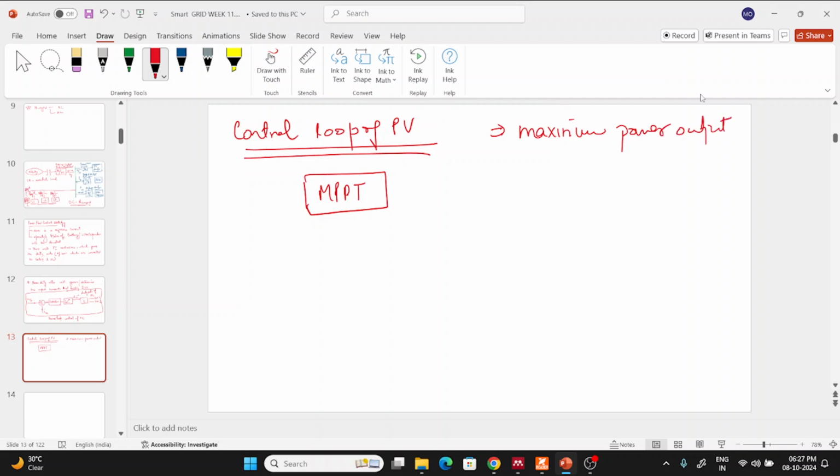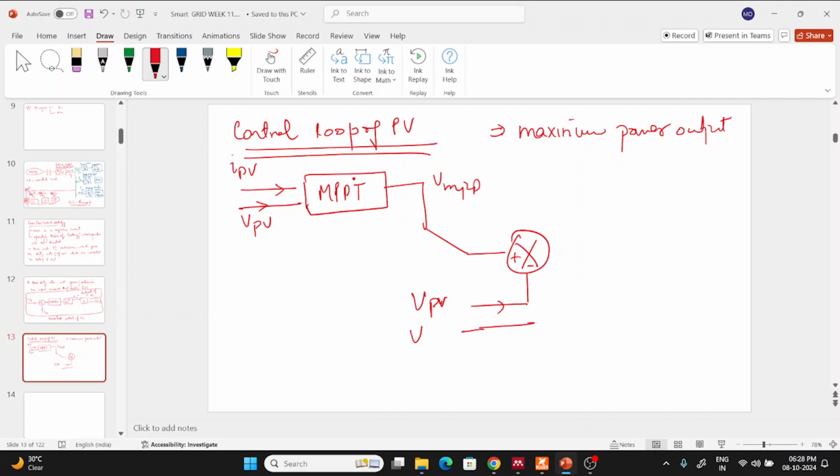So the current IPV and the voltage VPV will give VMPP. This is the reference given to this block. Then another VPV and V bus. There is a switch which will connect either to VPV or V bus.